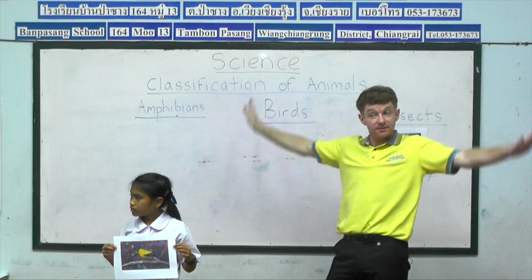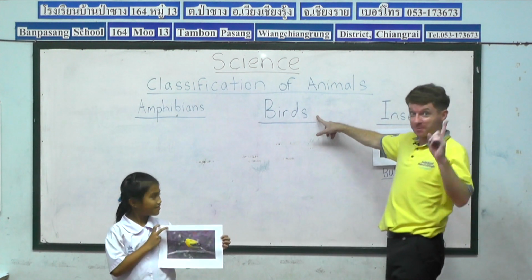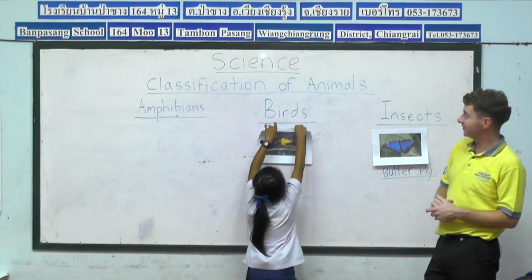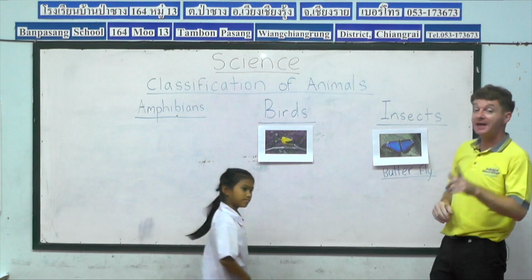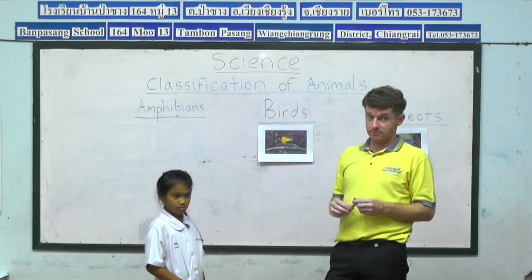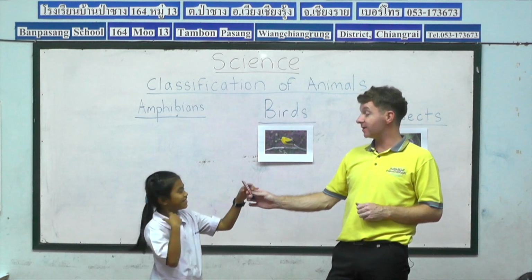What type of animal? Bird. Yes, it's a bird. So we can place it onto this category here. It's definitely a bird, and this is a type of bird that's called a canary. Yes, so what we'll do, we'll help Pak Bung to spell the word canary.